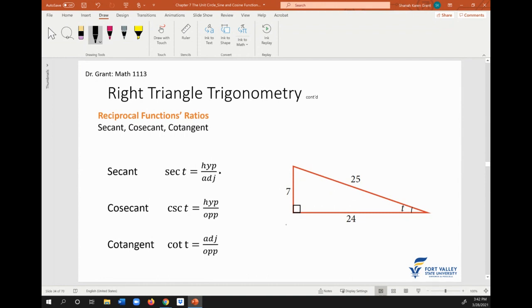And the ratio for cosecant of t is hypotenuse over opposite. And the ratio for cotangent of t is adjacent over opposite.